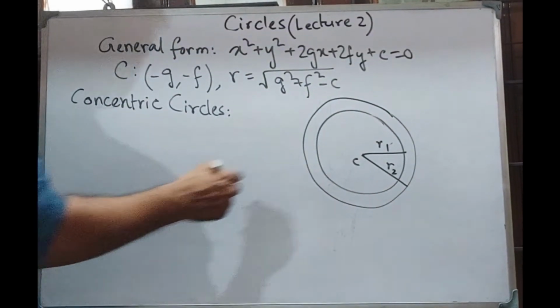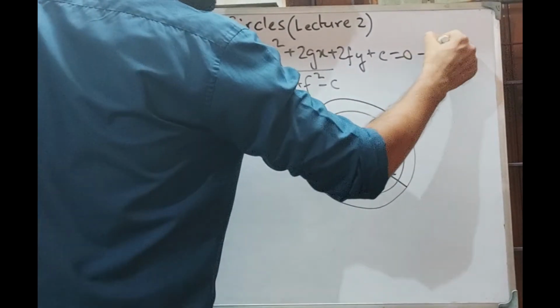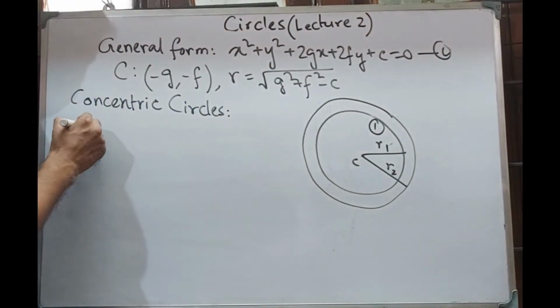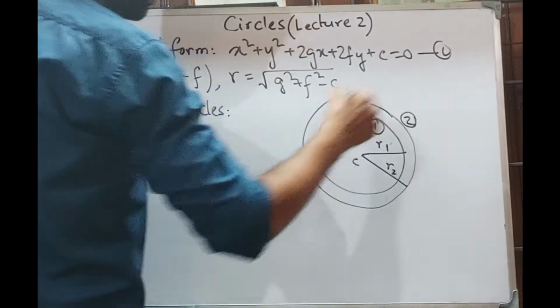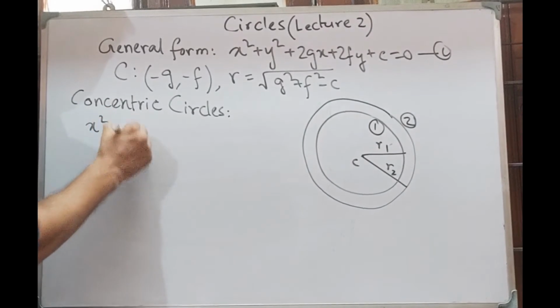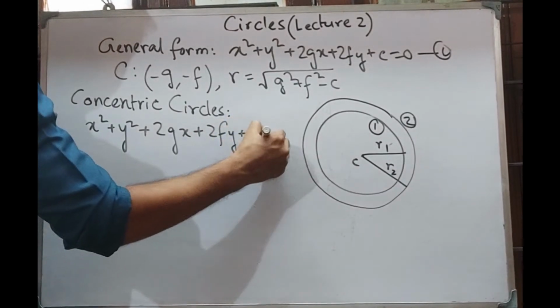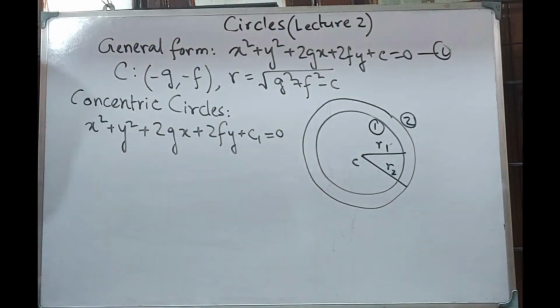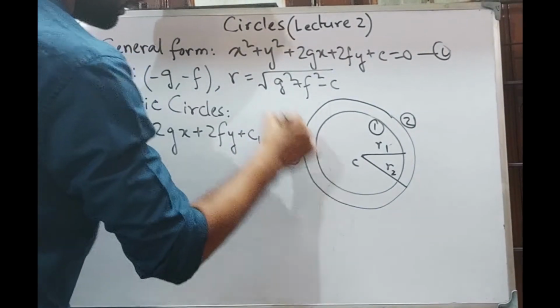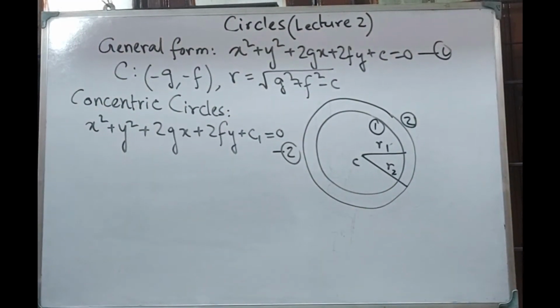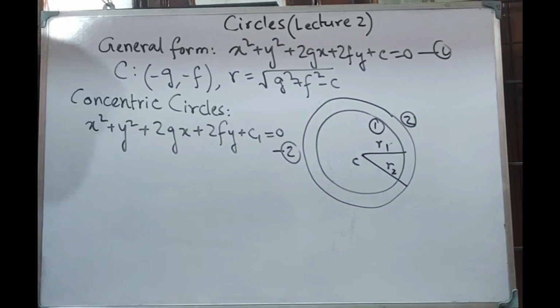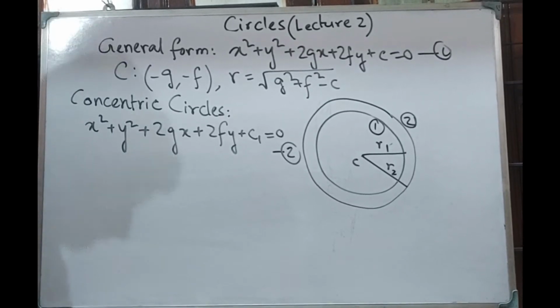If I take the inner one as the given circle, then the equation of the outer circle, say I am taking the outer circle as 2, must be something like this: for some c1, equal to 0, this will be the equation of the outer circle. So whenever the constant term in the equation is varying, those equations are equations for concentric circles.